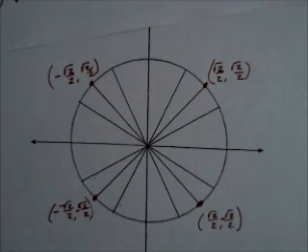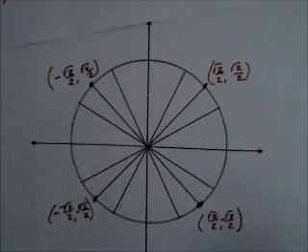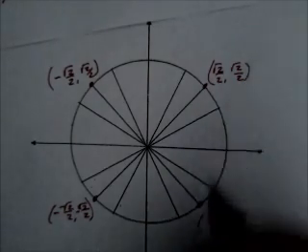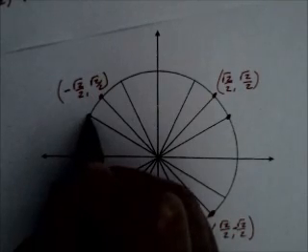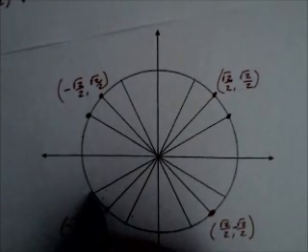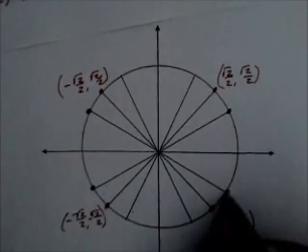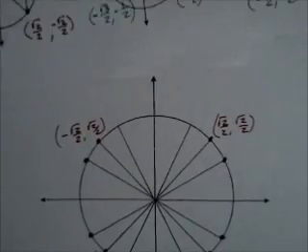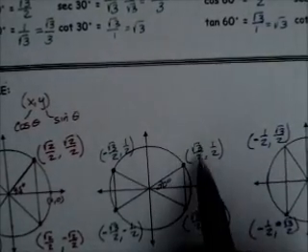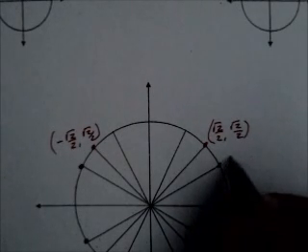Now with the angles of 30-degree measure, I'm going to write these in green. This one here, symmetry over here, here, and here. I'm just taking it from the front, right, for a 30-degree angle. Okay. Square root of 3 over 2, comma, 1/2.